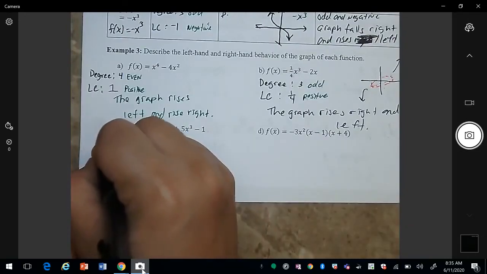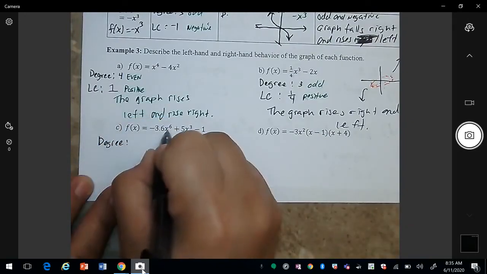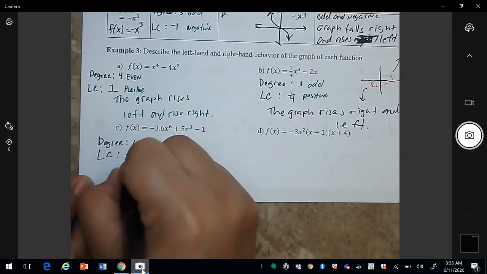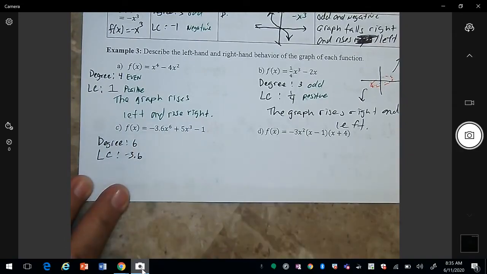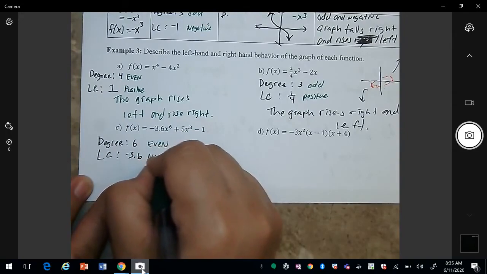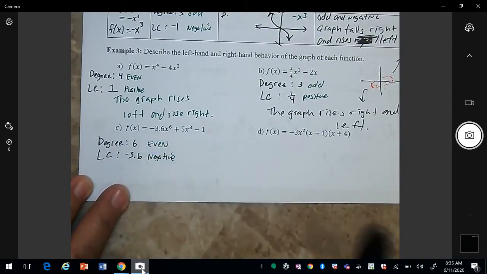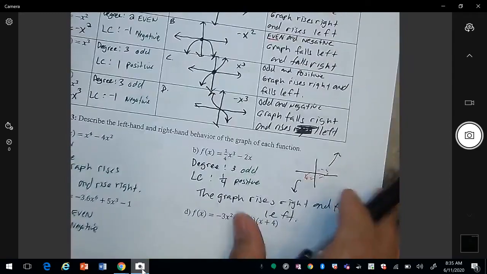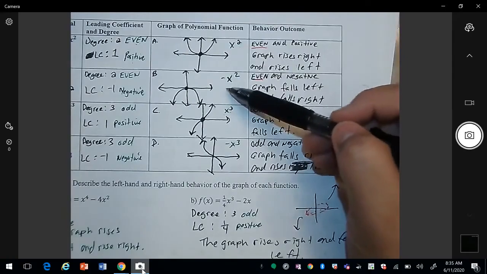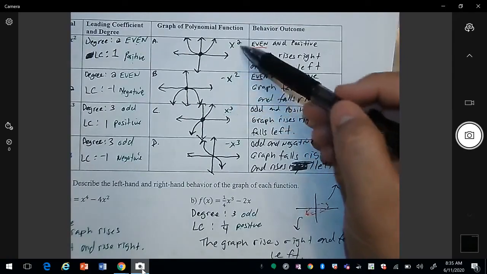The next one, the degree is 6, leading coefficient negative 3.6. So this is even and this is negative. So we look at our possible graphs here. We're working with these two since their degree is even.